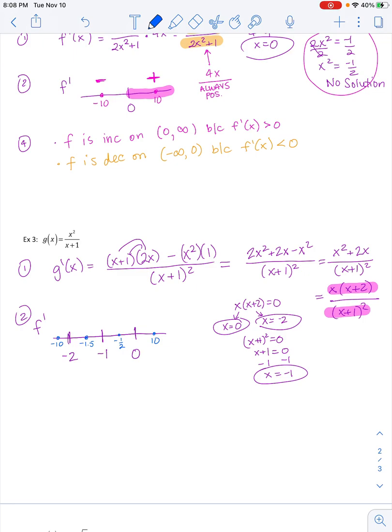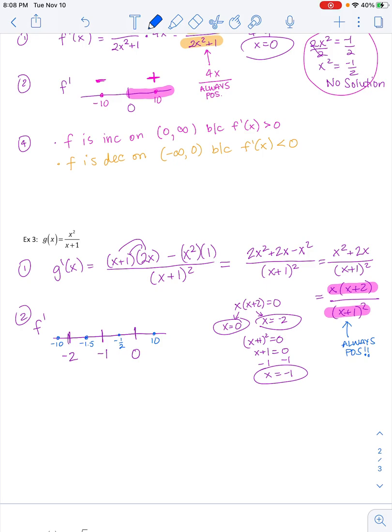However, the same thing that happened in example 2 is happening here. The denominator is always positive, because no matter what number you pick, when you add 1 to it and then square that result, it's going to be positive. And dividing by a positive number doesn't change the sign of anything. So the numerator is really all we have to plug the test points into.